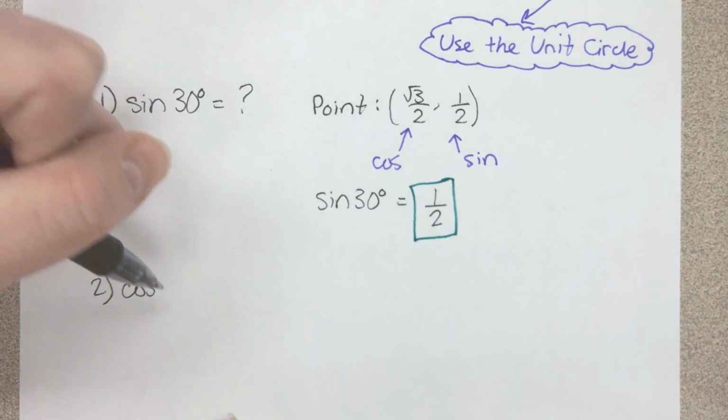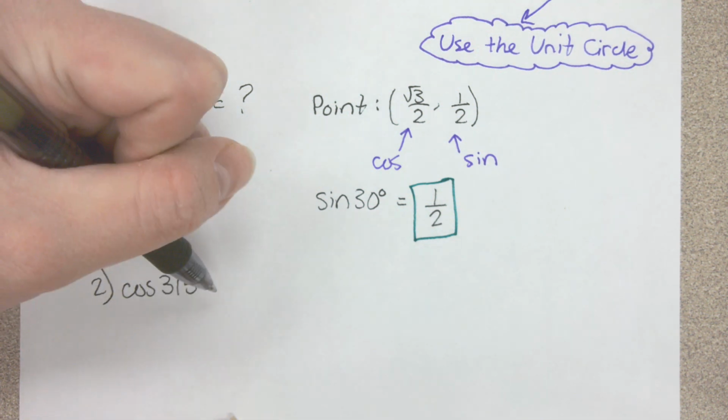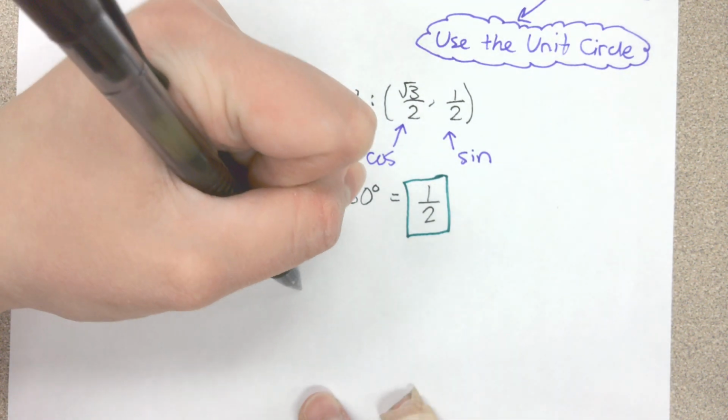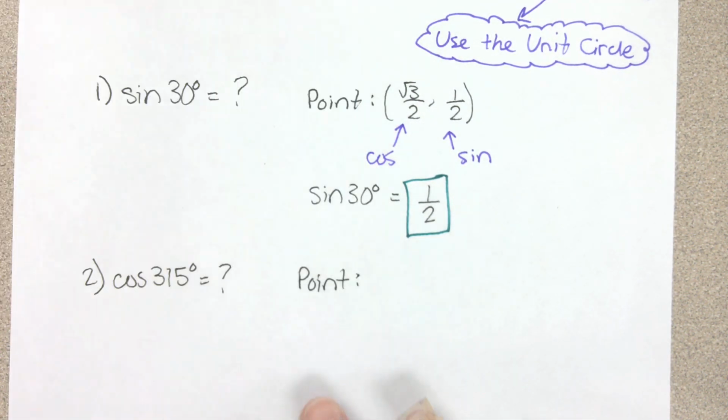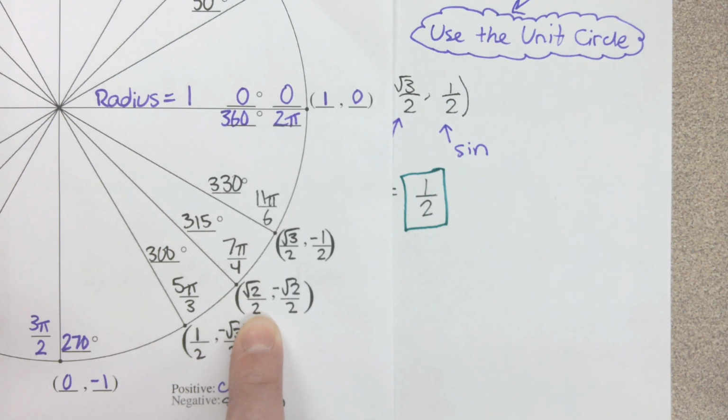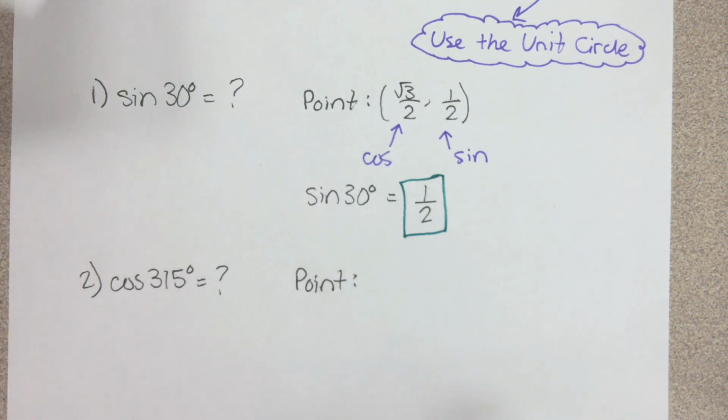Cosine of 315 degrees. Again, you go to the unit circle and you find the point. 315 degrees, that's in the fourth quadrant. Point, radical 2 over 2, negative radical 2 over 2.